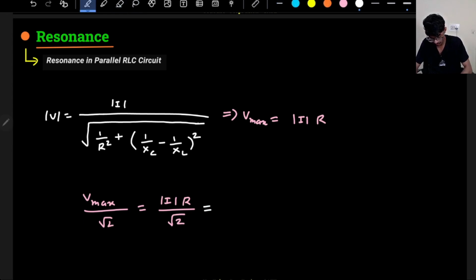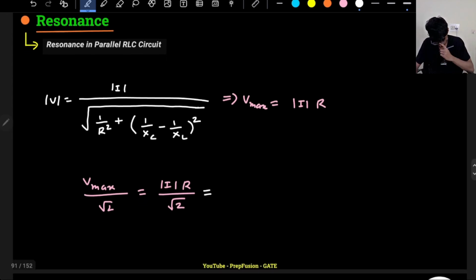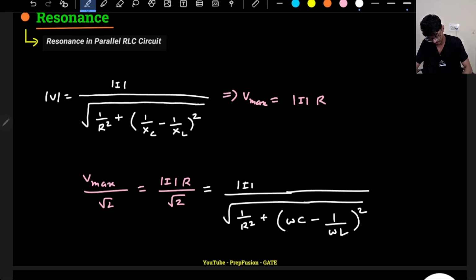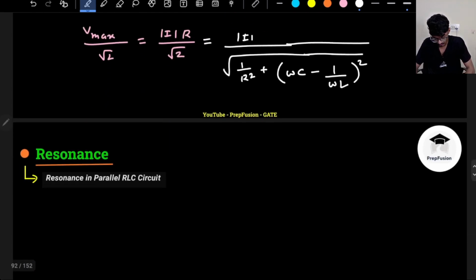That is equals to, basically, magnitude of I R divided by root 2, that is equals to the frequency at which this is happening. I into R, I divided by under root 1 by R square plus, what is Xc? Xc is, let's write, omega into C minus 1 by omega into L whole square. So magnitude of I will get cancelled.